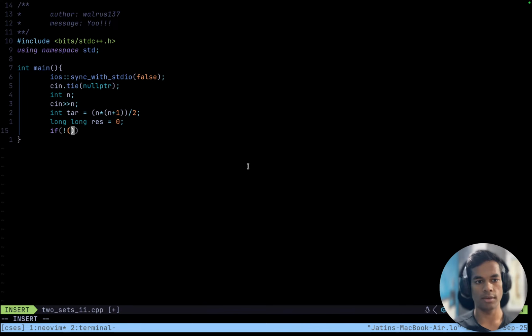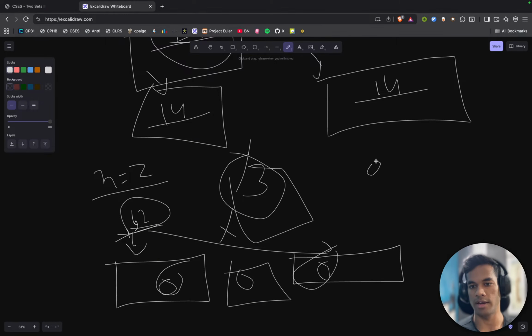So if not tar remainder 1 and 1. What is happening here is we are taking the and of tar with 1. If we represent tar in binary representation, and the least significant bit, the first bit right here, is 1, then tar is odd, right? And if it is 0, then tar is even.